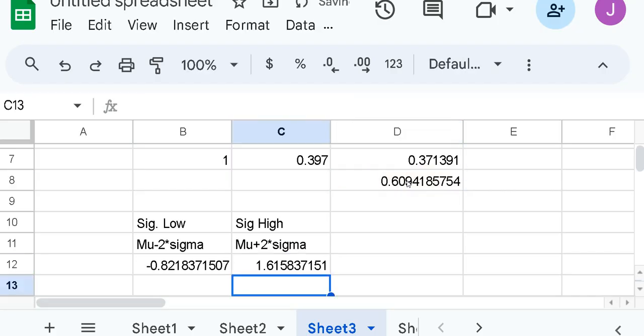So significantly low and significantly high are these numbers. So negative 0.821 and 1.61.